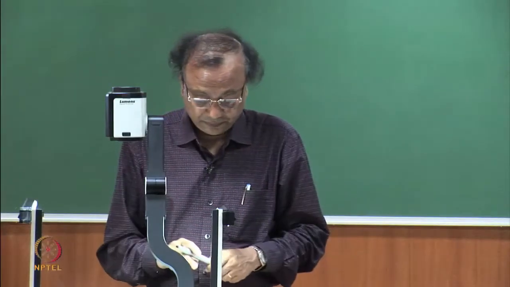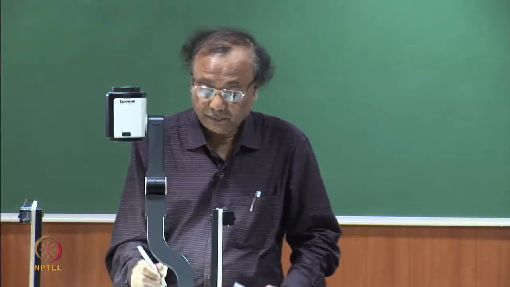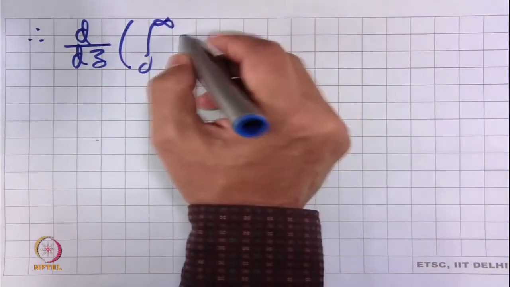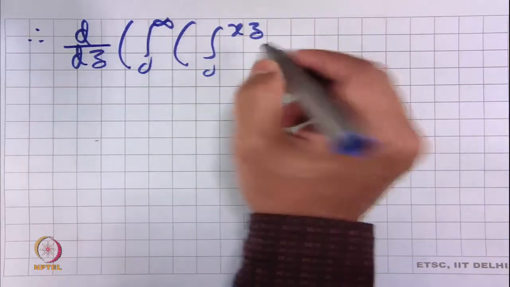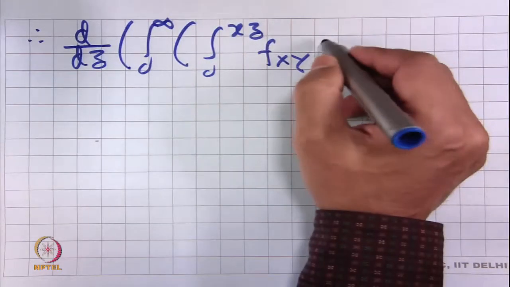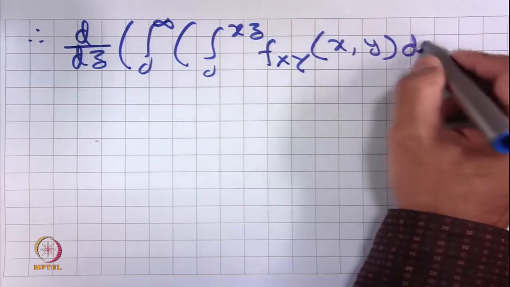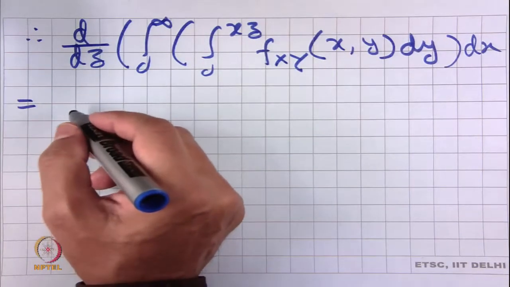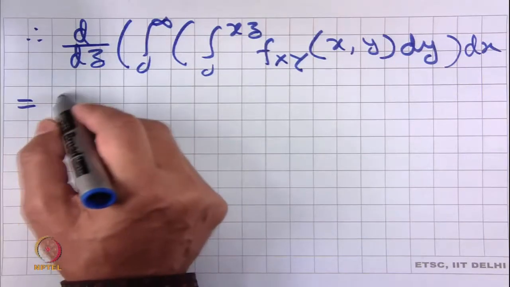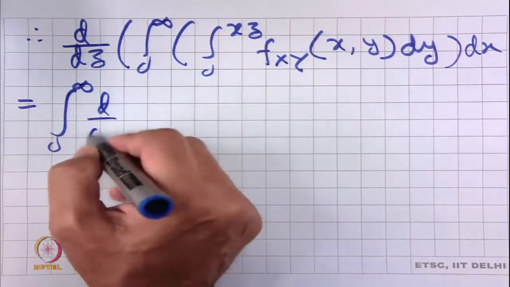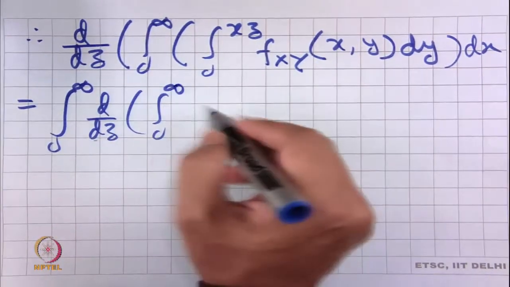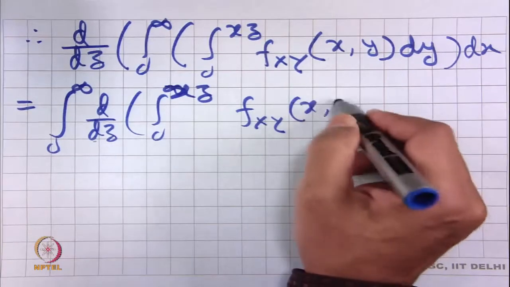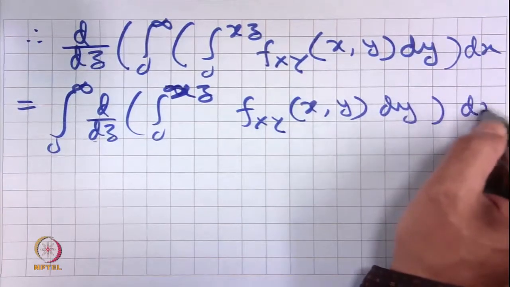So, let me write it down. d/dz of integral 0 to infinity, 0 to xz, f(x, y) dy dx, and in a very similar way to what we did for the first part, this is going to be integral 0 to infinity d/dz of the integral 0 to xz of f(x, y) dy dx.